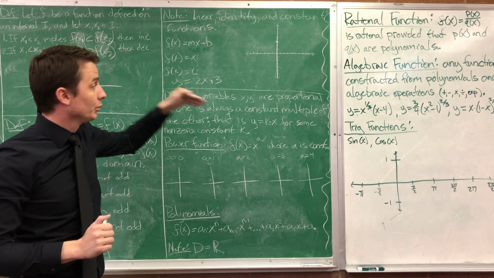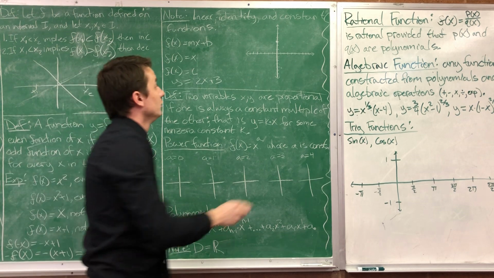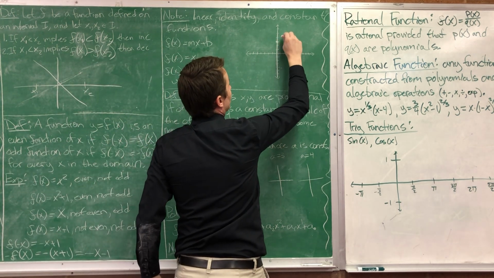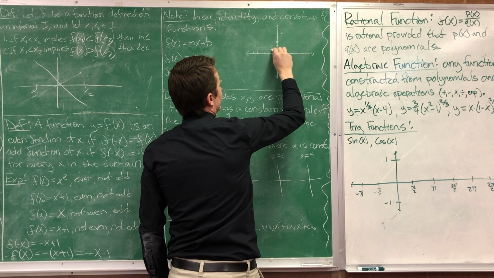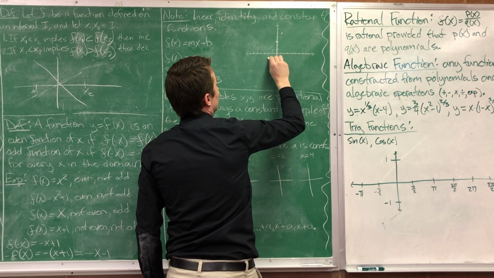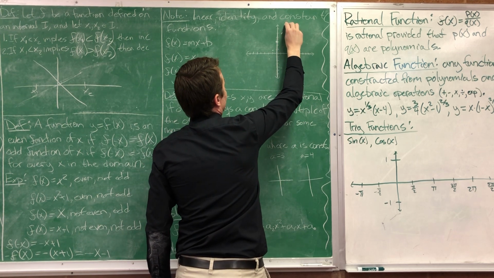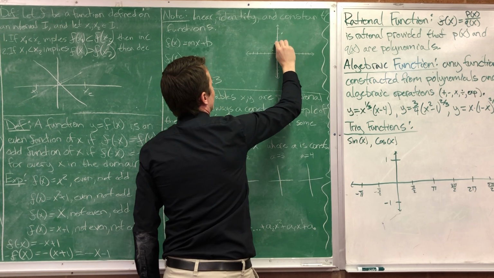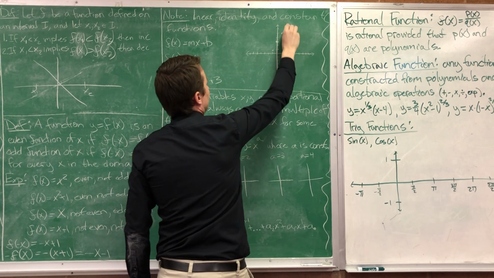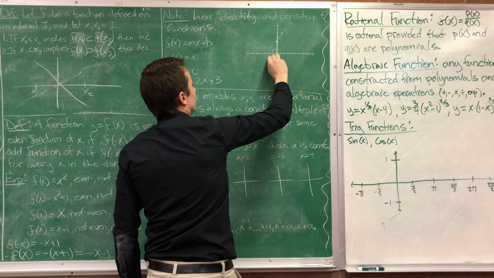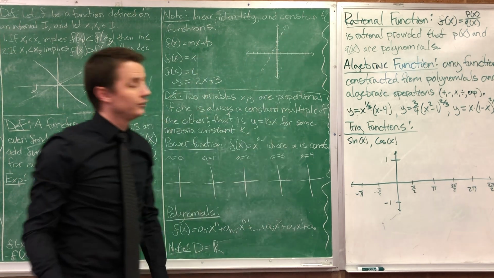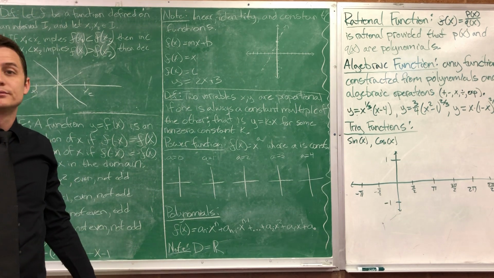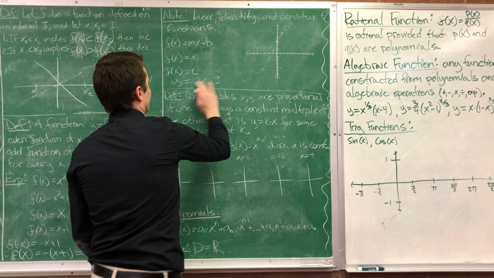So if I go over 1, I have to go up 2. Or if I go back 1, I have to go down 2. So it looks roughly like this thing. Terrible at drawing, but there's our rough line. You see it? Okay.